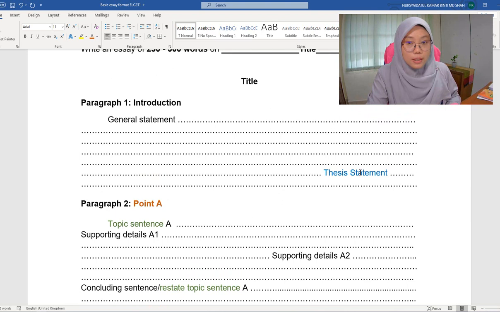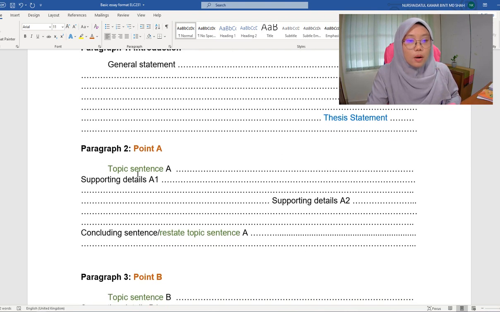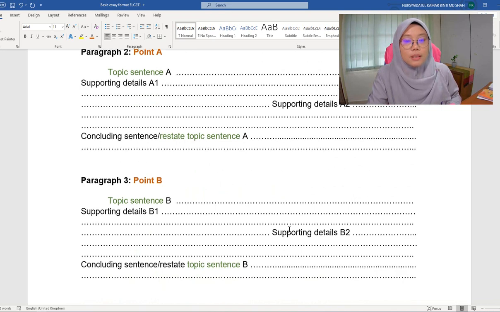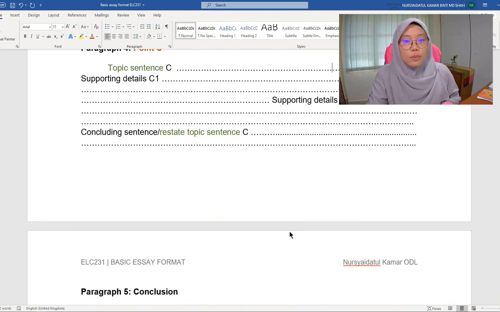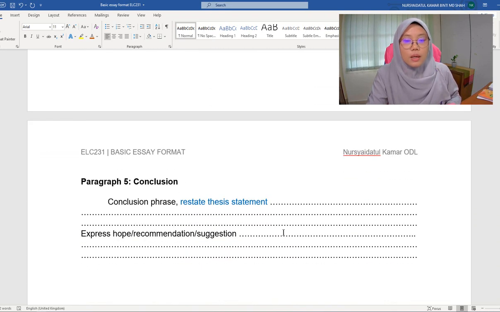And once you have your ideas, we are going to connect all of these ideas, topic sentence, the supporting details here, using discourse markers or transitional signals. Okay, discourse markers and transitional signals. So we are going to learn to do that as well.